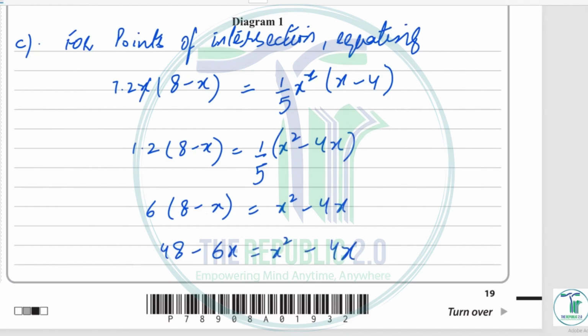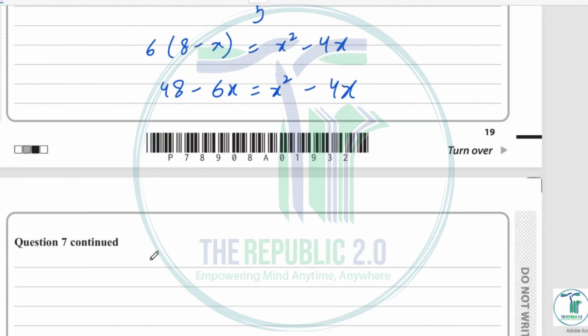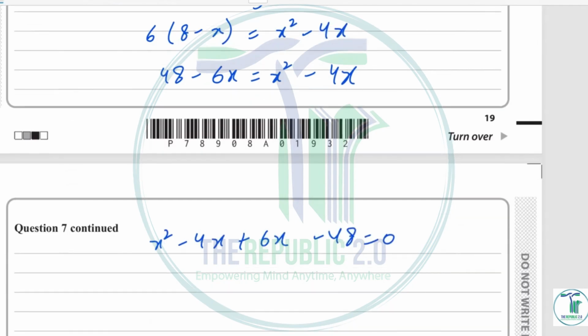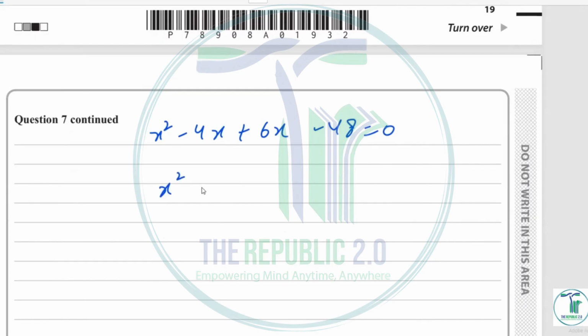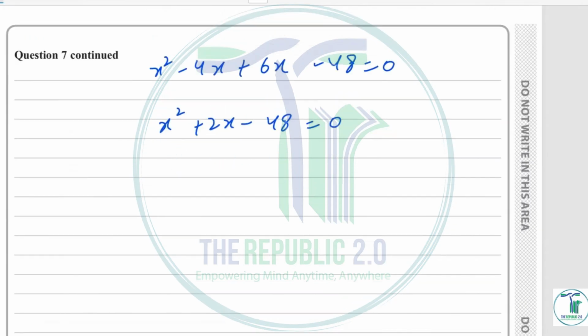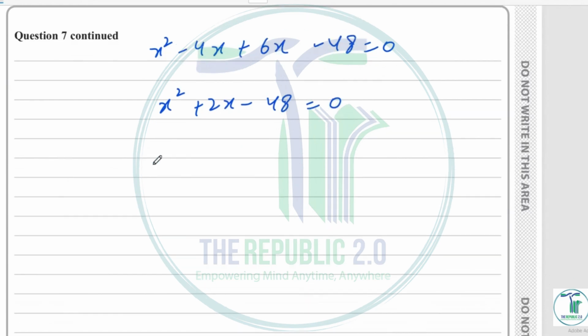Now I'm just going to simplify this equation. I must have x squared minus 4x plus 6x minus 48 equals 0, and that would be x squared plus 2x minus 48 equals 0. Everybody knows 6 times 8 is 48, so I can write it as x squared plus 8x minus 6x minus 48 equals 0.